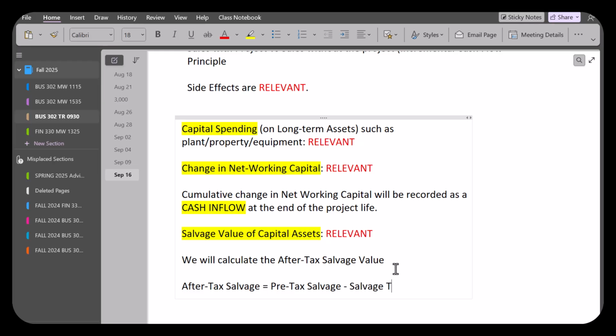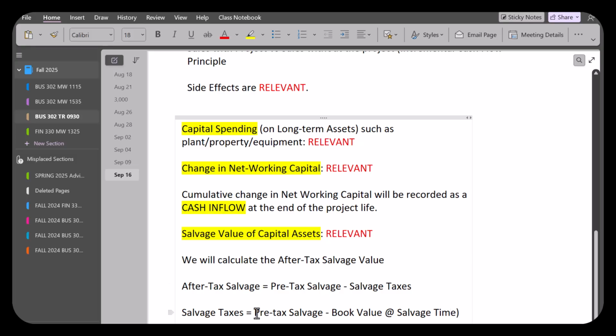And salvage taxes are pre-tax salvage minus book value at salvage time, times tax rate.